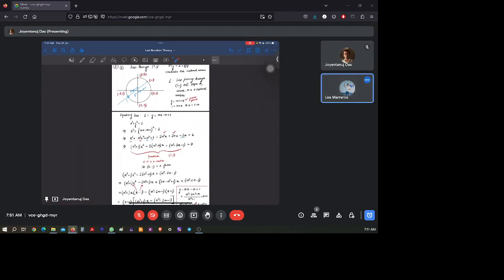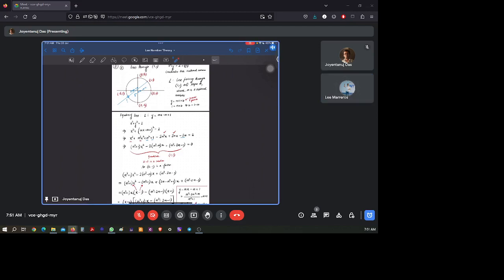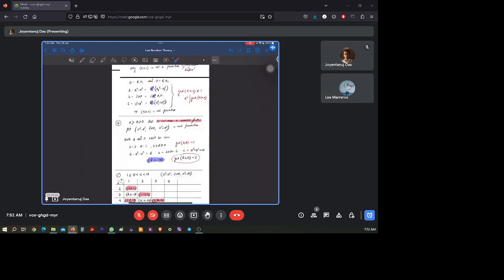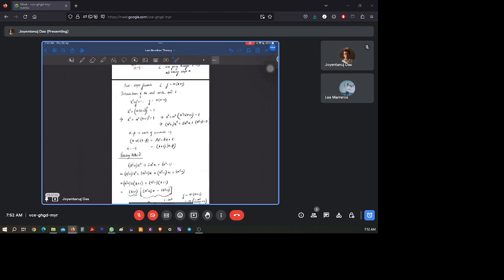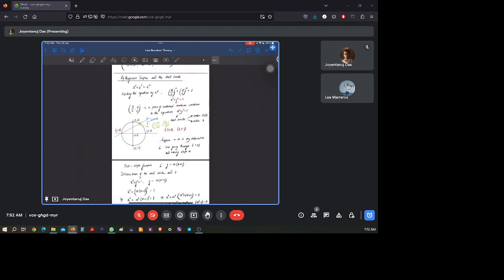So you still have the same root x minus 1. But one observation is, when we did the first one, the main point is we start with a rational solution, right?